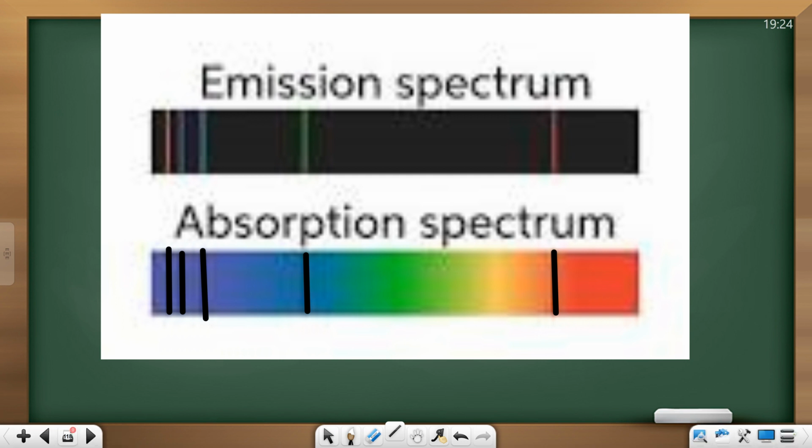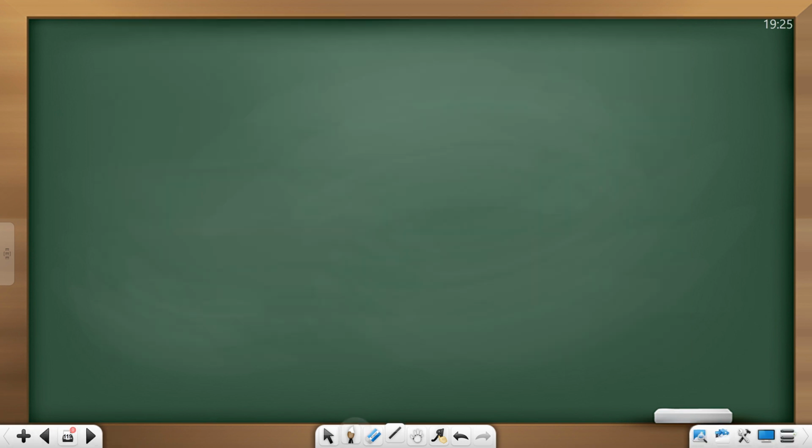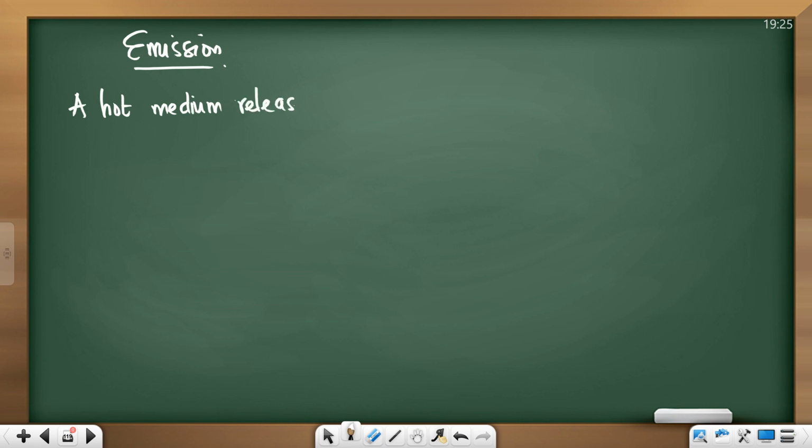Now, what about emission spectrum? Emission spectrum. All right, a hot medium releases energy, emits energy in the form of photons.